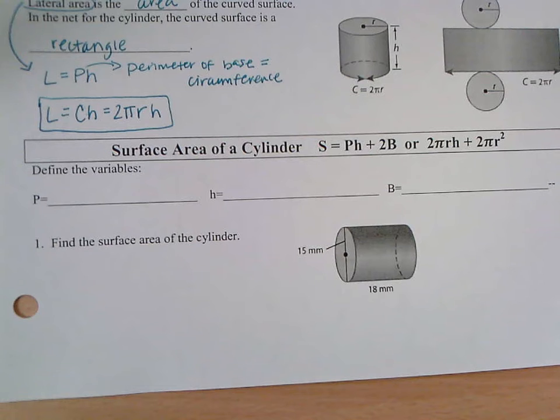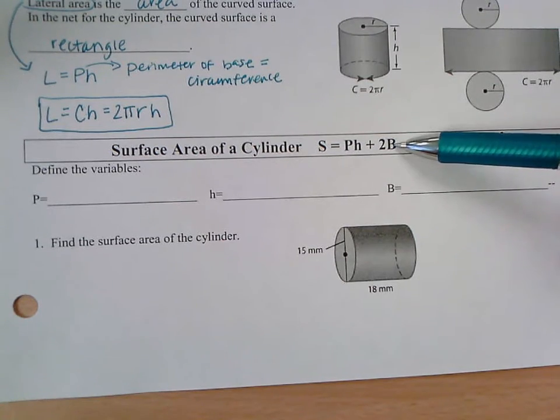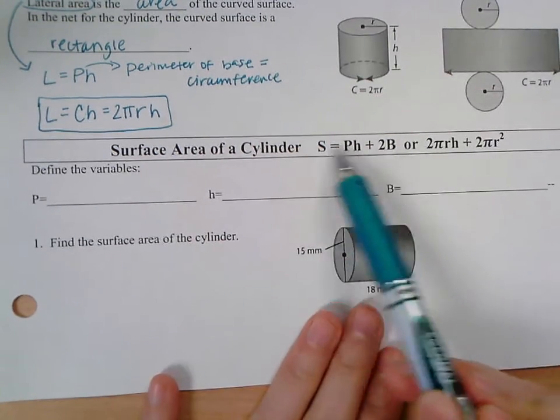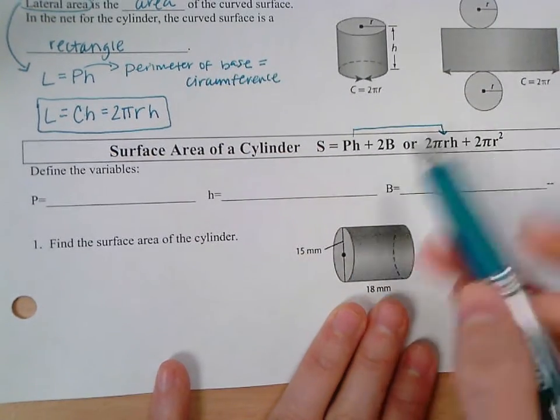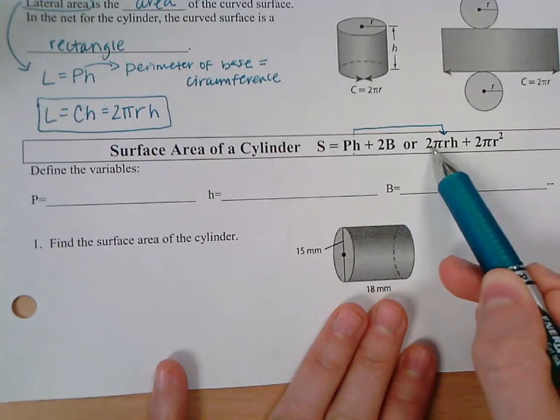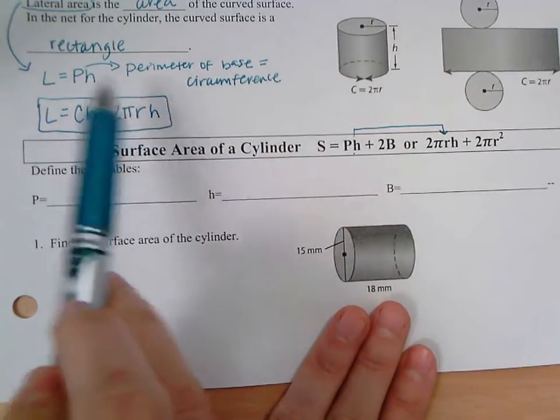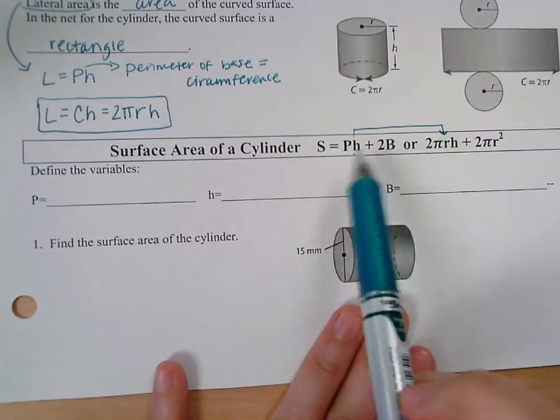So as we get into surface area then, just like for a prism, it's the lateral area plus the area of the two bases. So same formula we saw yesterday, instead of writing P times H, you can write 2 pi r times h for the reason I just explained. That's your lateral area.